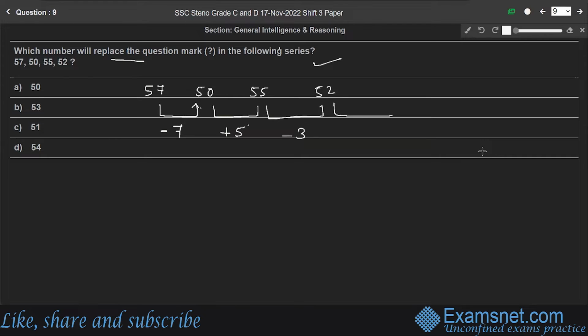And next you should have a number, right? It is to be added to 52, not subtracted from 52, because alternately the numbers are subtracted and added, right?